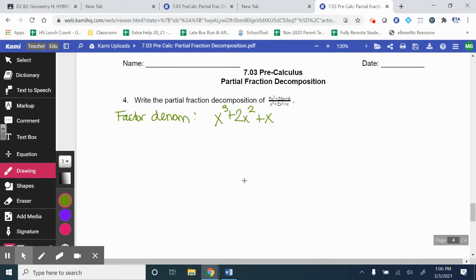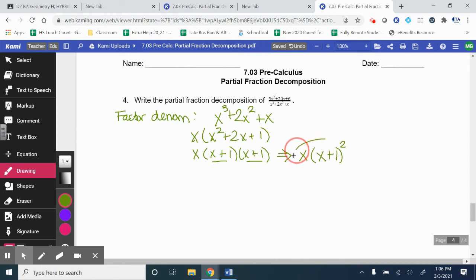The first thing I would do is factor out an x, leaving me with x squared plus 2x plus 1. And then I want to factor x squared plus 2x plus 1, which would be x plus 1 times x plus 1. Now, it is really important for this type of problem to rewrite that. Since I have two x plus 1s, you want to make sure you write it as x plus 1 squared.